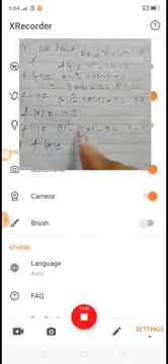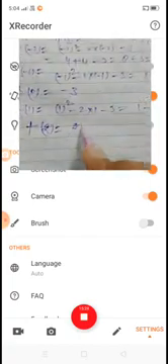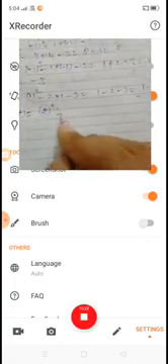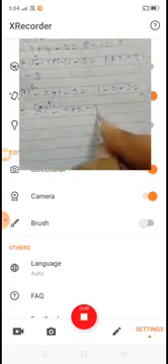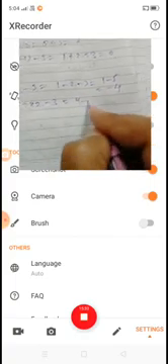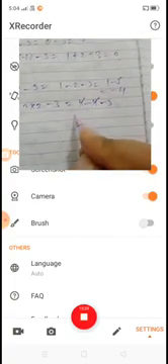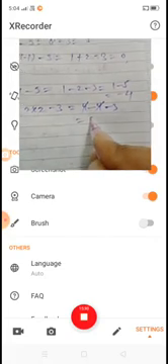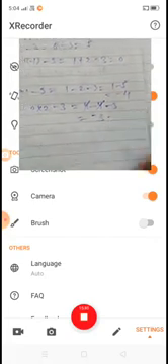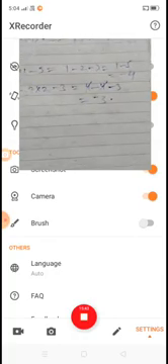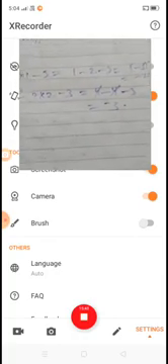F of 2 means 2 square minus 2 into 2 minus 3, that is 4 minus 4 minus 3, that is minus 3.